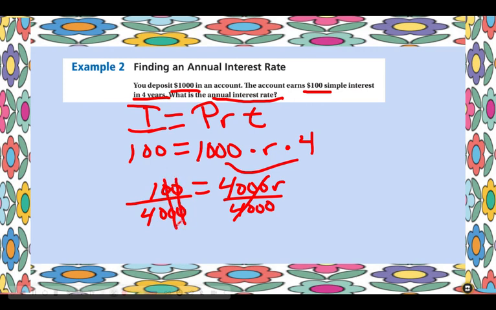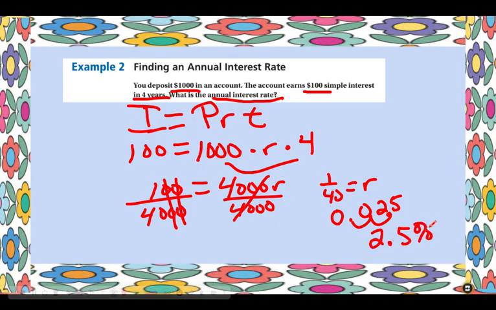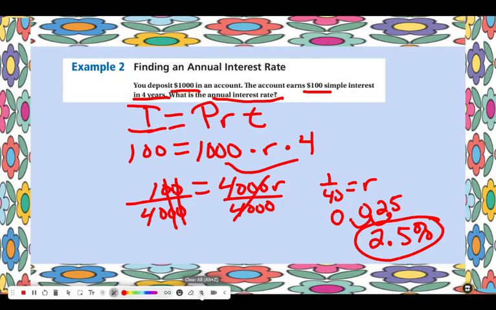So here we have 1/40 equals R. If you do 1 divided by 40, you'll get a decimal, 0.025. Now we need to move the decimal to change it to a percentage rate. So you earn 2.5%. That's your rate. Not very good, but that's okay.